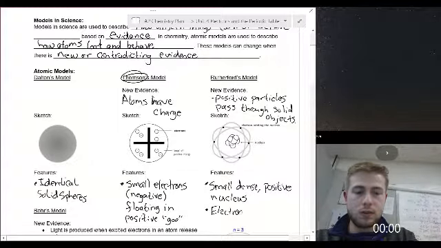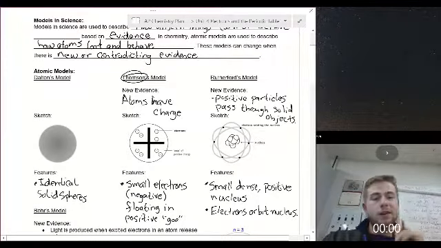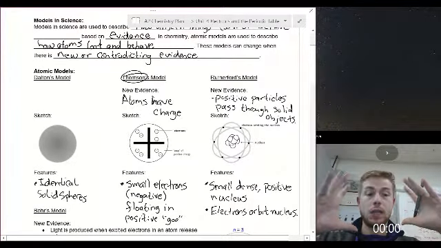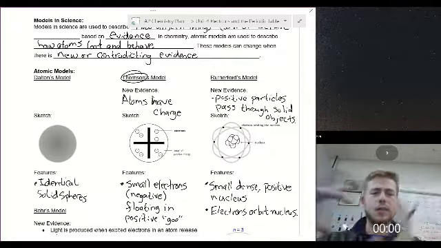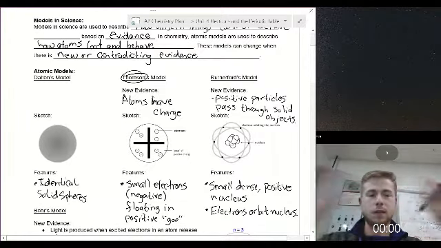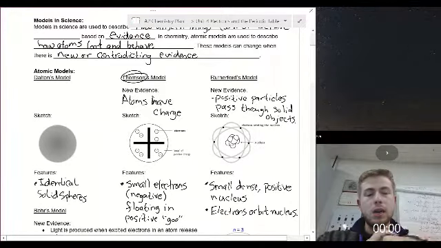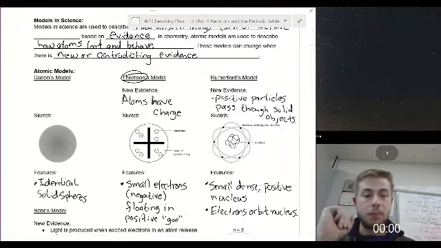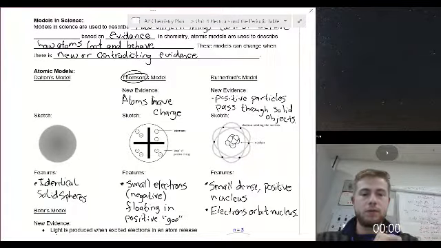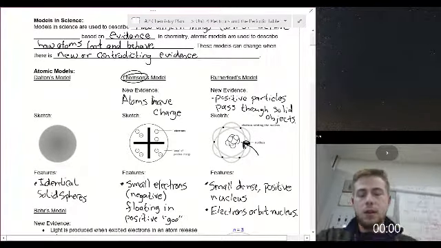Boom. Those electrons orbit at just about the same distance from the nucleus, so they're kind of like a big ring around the nucleus, as you can see in the picture above, right here.